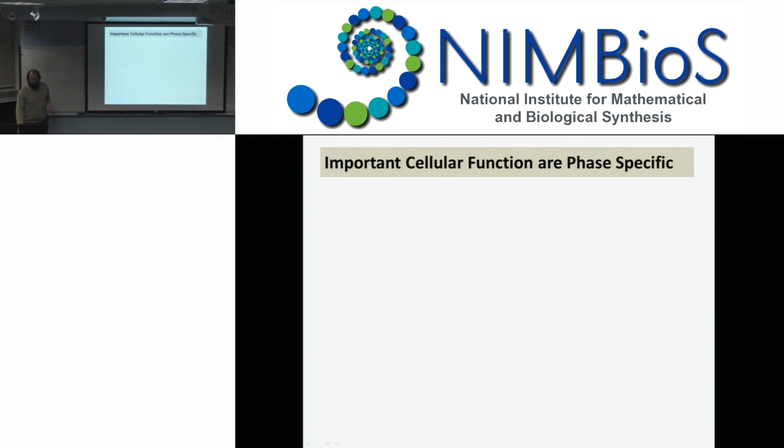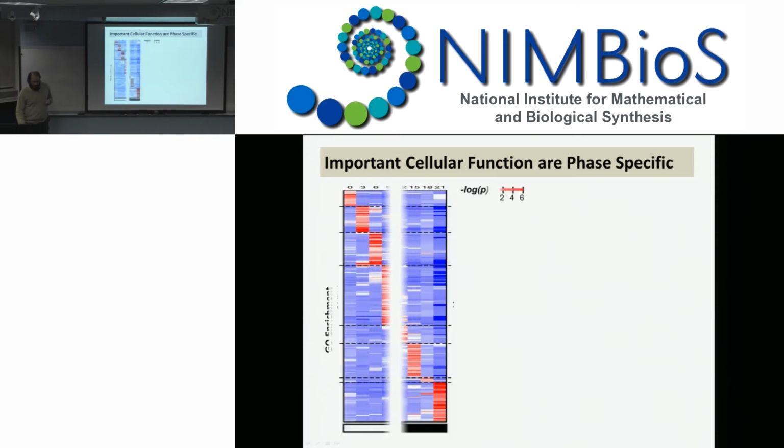And one of the first things we did with these clusters is see if there's any functional significance to them. So we did a GO analysis, and we found 236 GO terms that were enriched in at least one of these clusters. But most importantly, of these 236 terms, over 90% were specific to a particular phase.